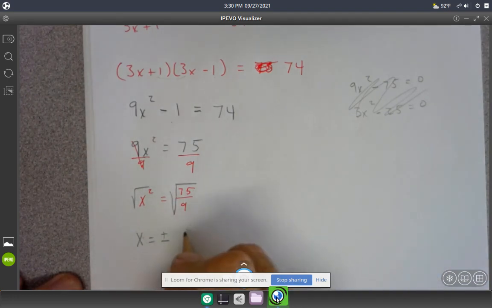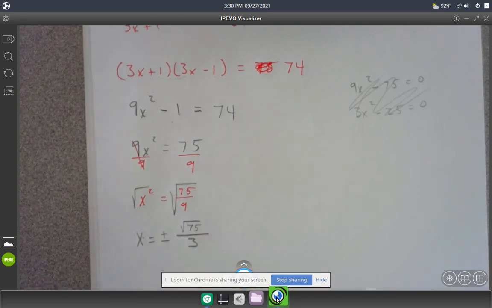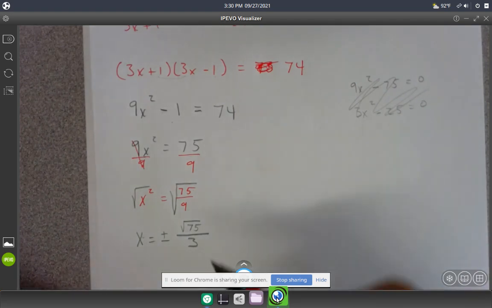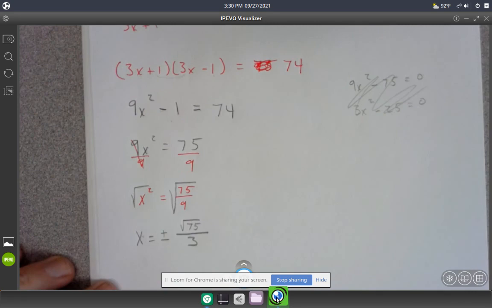Plus or minus, I get square root of 75 on top, but I get a nice round number on the bottom. We'll talk about that later, but we're not supposed to leave square roots in the bottom. And so by leaving it as a 9, that's how I avoided that. It's a trick you kind of learn from experience, but we'll do more of these simplifying radicals later.